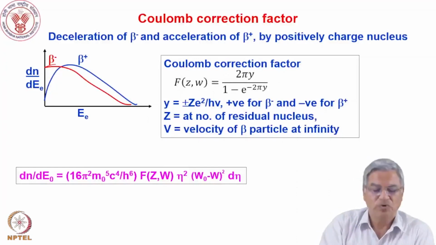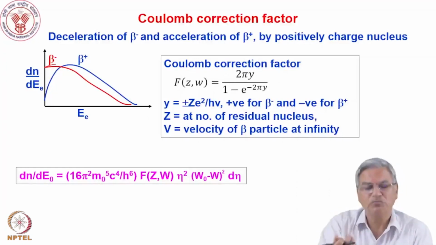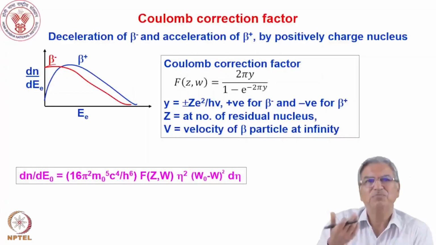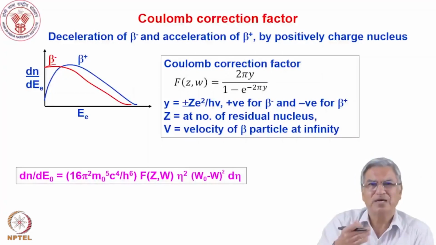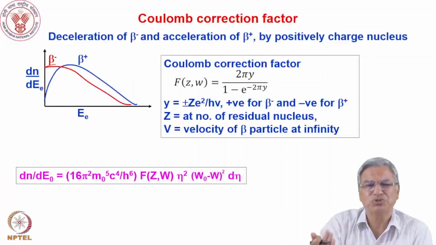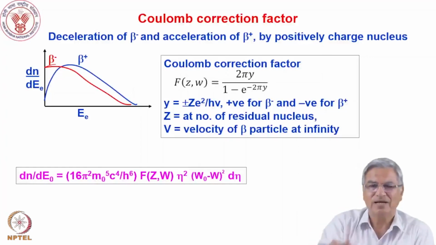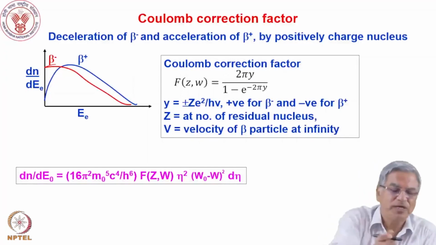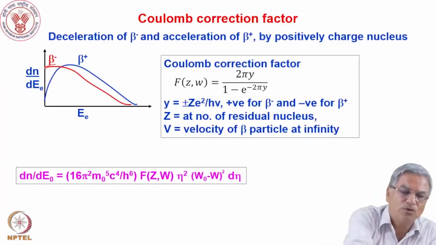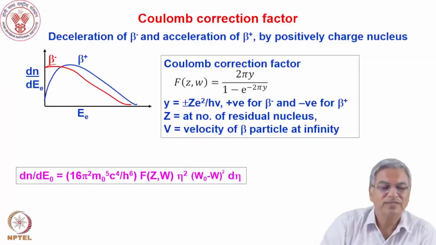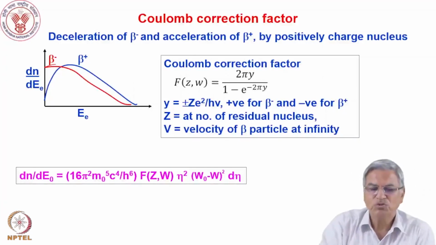That means when the electron or positron is coming out of the nucleus, the electron is attracted by the nucleus, whereas the positron is repelled by the nucleus, in simple terms. So there are more high energy positrons than electrons, and more low energy electrons than positrons. That's why the electron spectrum has a lower energy component more than the positron. This Coulomb correction factor was given by Fermi.